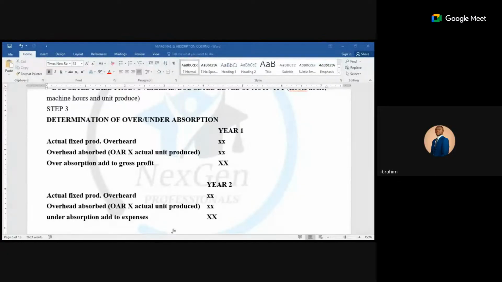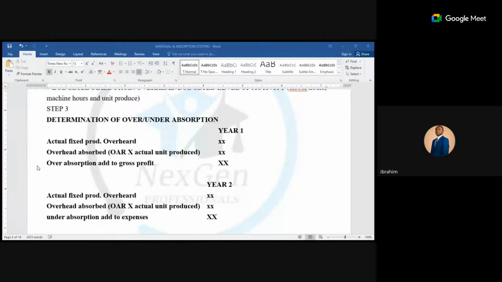No, you cannot compare actual and budgeted. Do you know why? They must have something in common. Budgeted must have an element of actual, otherwise you cannot compare them. It's just like you want to compare Moses and Ibrahim. Do we have something in common? We must have something in common before you can say you want to compare both of us.